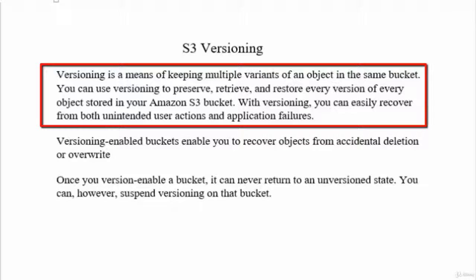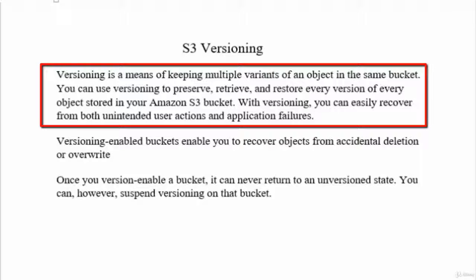Using versioning, you can easily recover objects which may have been unintentionally deleted, and if you want to know what changes have been made to the previous version, you can get the older version and see the differences between versions of objects. So this is a very good feature given by S3.